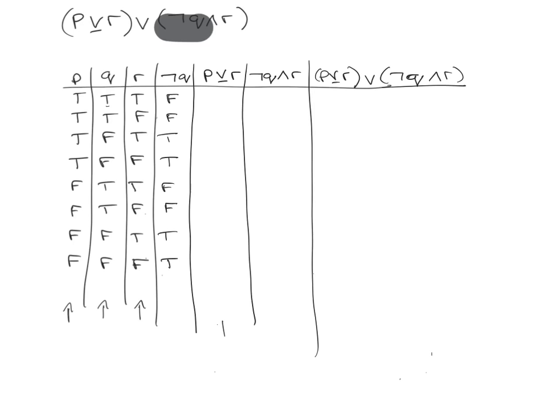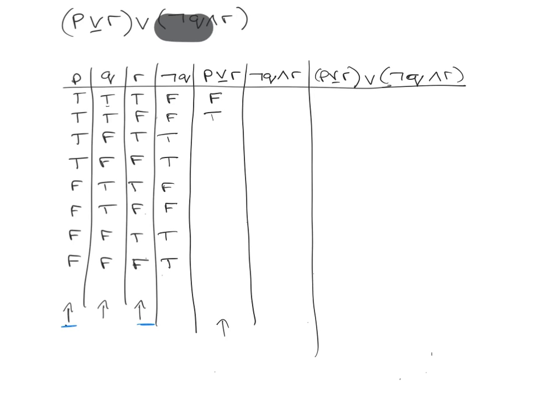Now looking at this column, this is P exclusive or R. So we're only looking at these 2 columns, P and R. And this is only true if one is true or the other, but not both. So there has to be one and only one true. So in the first line, there's 2 trues, so that's false. Second line, P is true, R is false, so there's only one.